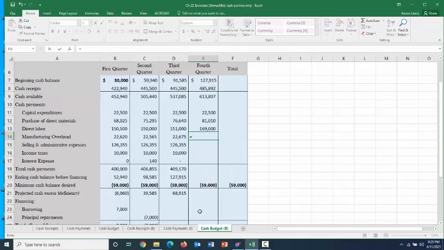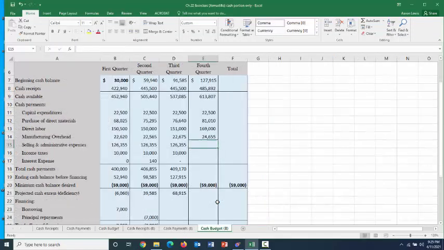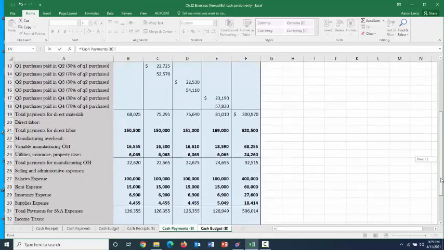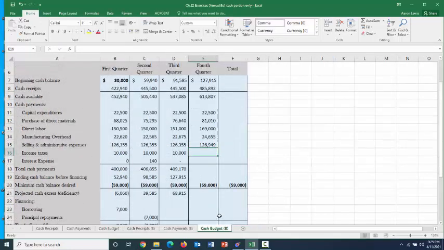Armadillo phone cases is going to have to pay $24,655 for manufacturing overhead. Their selling and administrative expenses, which have been holding steady at $126,355, are going to take a small jump during the fourth quarter up to $126,949, which they're going to have to transfer cash to pay off.